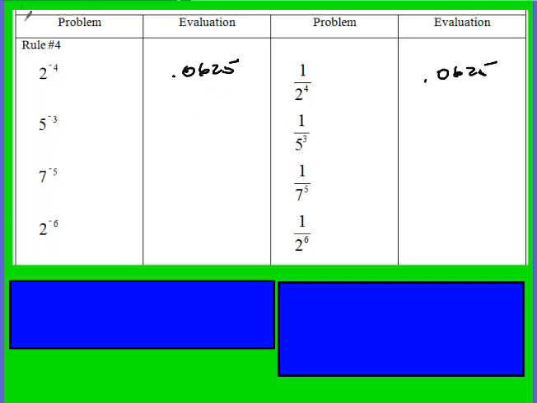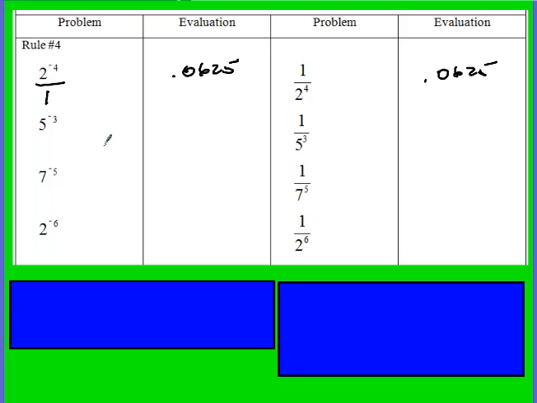This can be written as a fraction by putting it over 1. This negative exponent flips the whole problem, that 2 to the 4th, to the other fraction part. This one right now is in the numerator, so this negative flips it to the denominator.